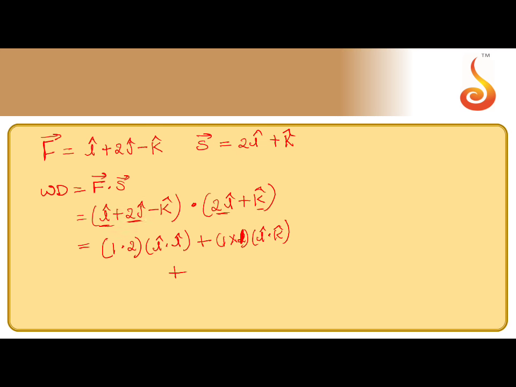Plus, now 2j with the other two terms, 2 into 2, j dot i, plus 2 into 1, j dot k, plus minus 1 into 2, k dot i, plus minus 1 into 1, k dot k.